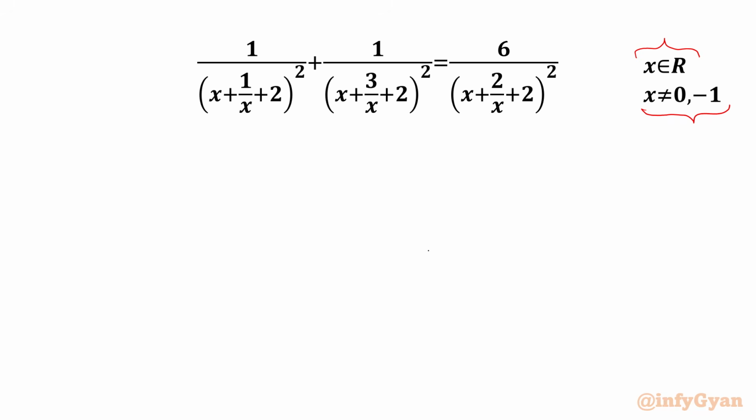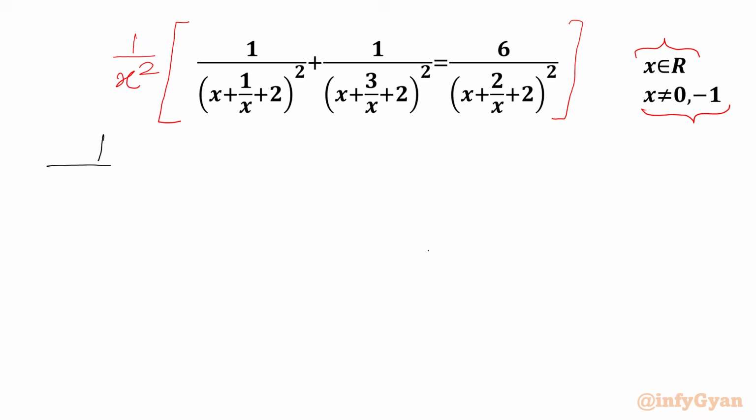So let's get started by multiplying our equation with 1 over x square. So we'll multiply LHS as well as RHS by 1 over x square as x cannot be 0.